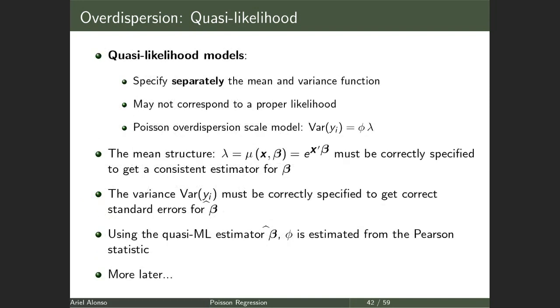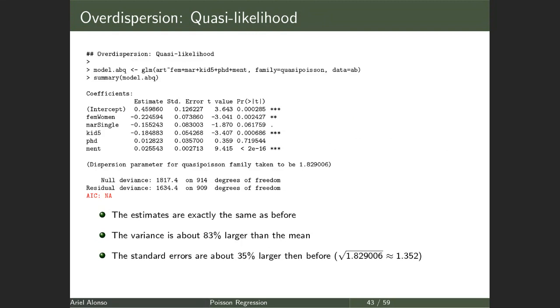You specify the mean, and then you specify a variance, but this variance-mean pair does not correspond to a proper likelihood, because for the Poisson, psi should be equal to 1. That's the reason why R is not giving us an AIC, because the AIC is obviously based on the likelihood. It doesn't make any sense here to talk about likelihood inference like an AIC.